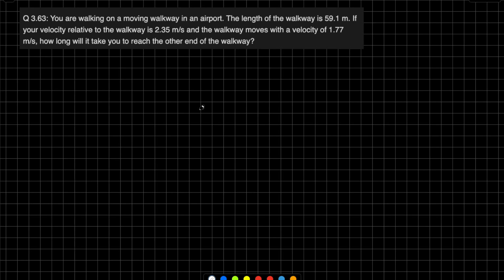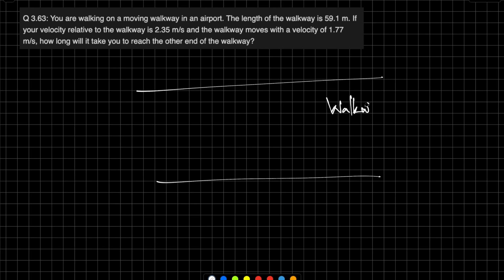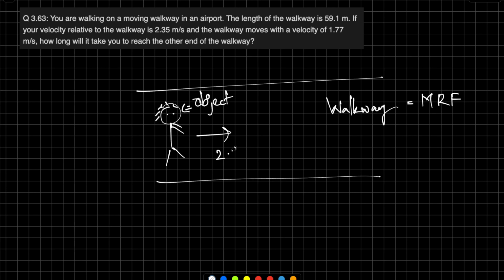I'll draw this picture. So the walkway is the moving reference frame, right? You are moving on a moving reference frame, so you are the object. And you are walking with a velocity of 2.35 with respect to the walkway.